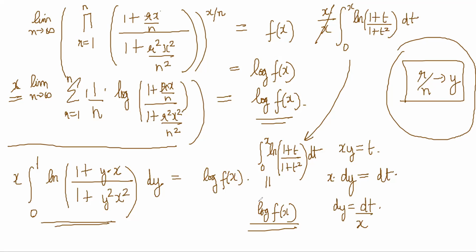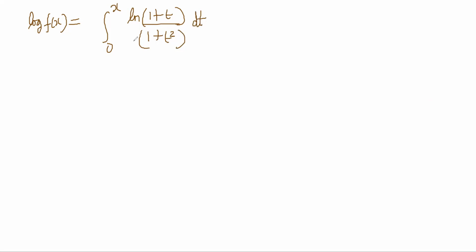So I have log f(x) equal to integral 0 to x of ln(1 + t) by (1 + t²) dt. You can split it and integrate it, but I actually don't want to do that, because immediately I can apply Newton-Leibniz.